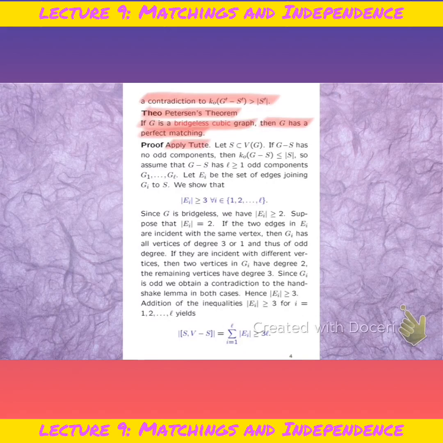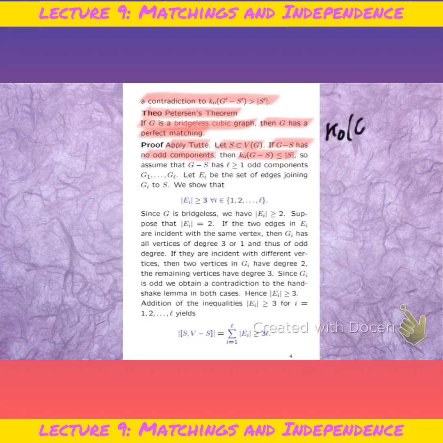one-factor theorem. So we're going to choose a subset S of the vertex set of G, and if G minus S has no odd components, then we know immediately that the number of odd components of G minus S is at most the cardinality of S. So essentially, to use Tutte's one-factor theorem, we need to just show that this is true.